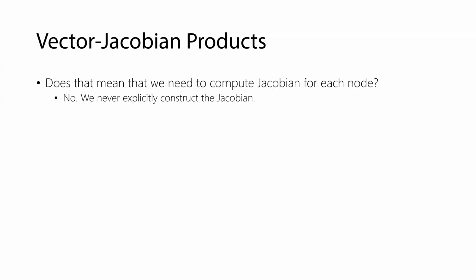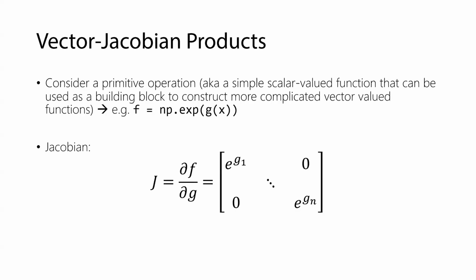The idea is that instead of computing the entire Jacobian, we instead compute the product of a vector and the Jacobian, so that we don't have to explicitly construct the Jacobian itself. So for the VJP, vector Jacobian product, let's take a look at the example.